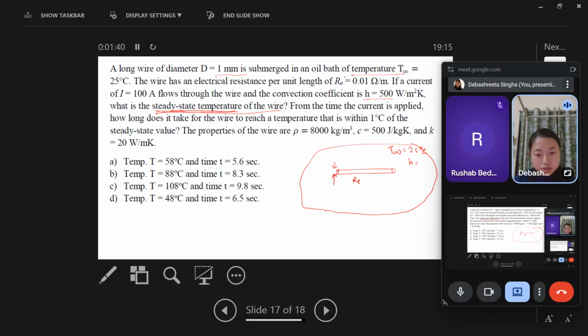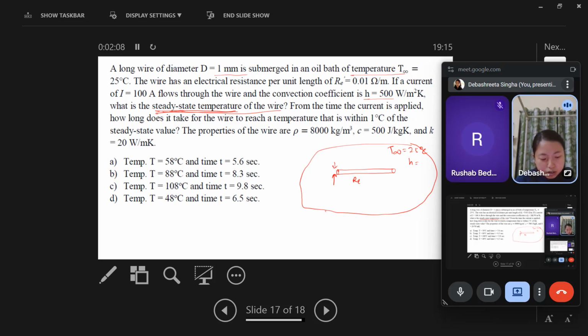Whenever the heat generated in the wire is the same as what is convected outside. Then only is it steady state. If you balance those two heats, then only the steady state temperature will come into picture.